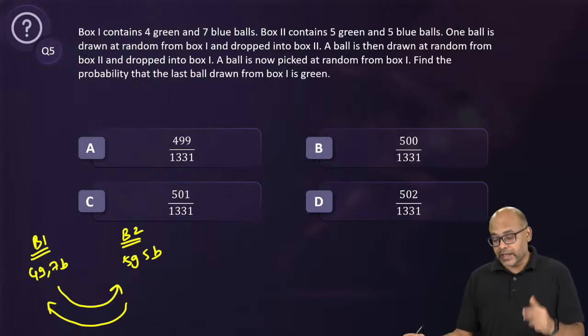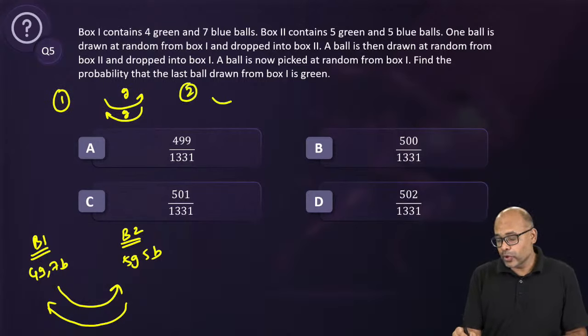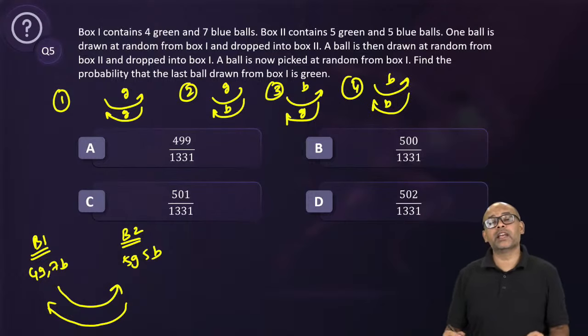Now let's look at what the cases are. Case number 1, going ball is green, coming ball is also green. Case number 2, going is green, coming back is black. Case number 3, going is black, coming back is green. And case number 4, going is black, coming is also black. Is there any other case possible?